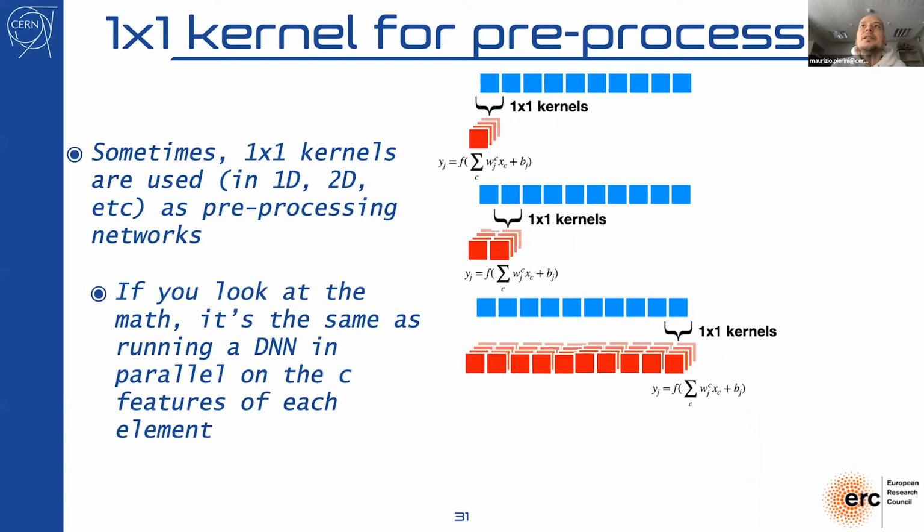You decide that instead you want to use some non-linear basis transformation. So you want to feed your network, whatever it is, be it convolutional, dense, recurrent, whatever you want, a set of functions of your initial representation, so PT, eta, phi in our case.